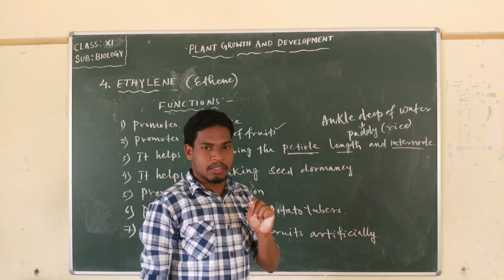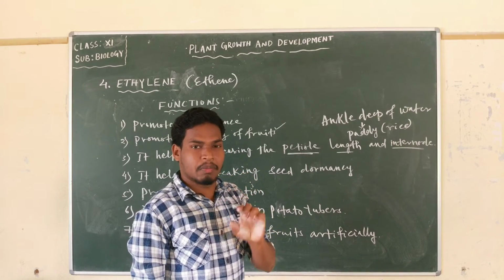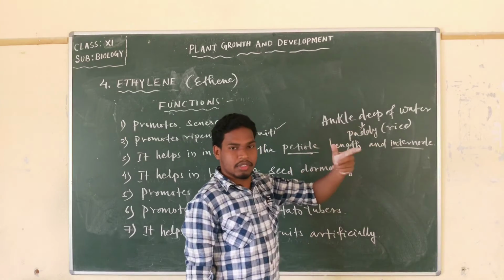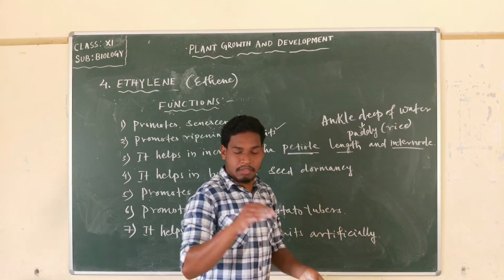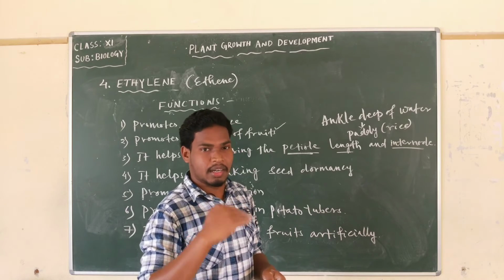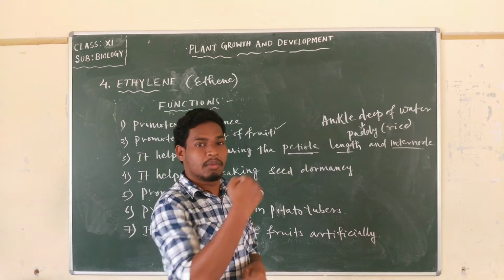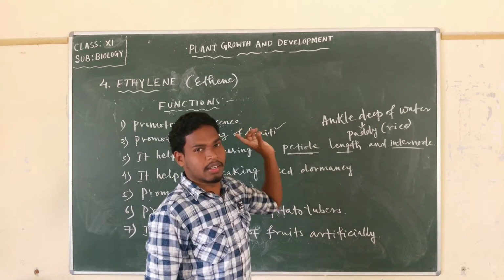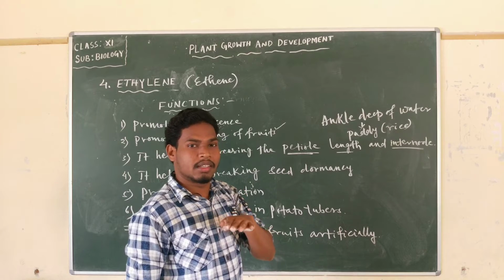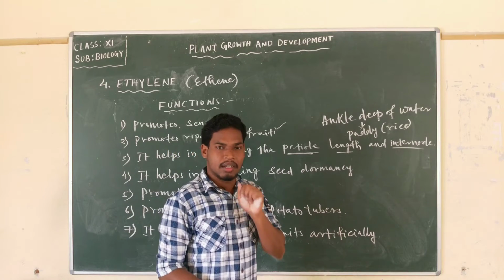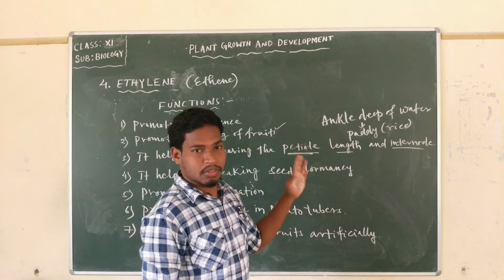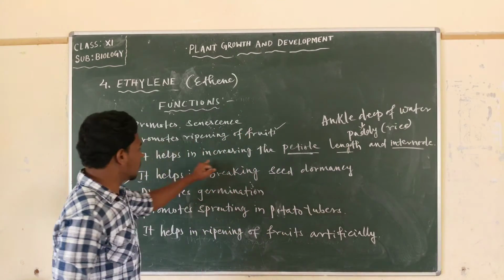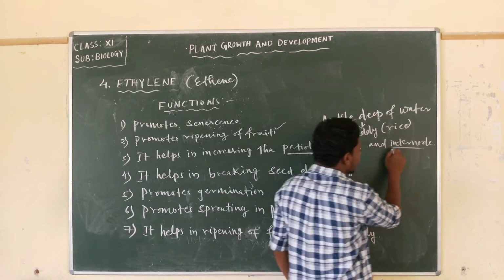This ethylene hormone helps the rice crop plant to elongate very quickly, because during the sowing of seeds in the field, they will remain submerged under water, and they need to come out of water, and this coming out will be done by the action of ethylene. If they remain submerged, these plants will have the chance to die. So they come out very soon by the action of ethylene.